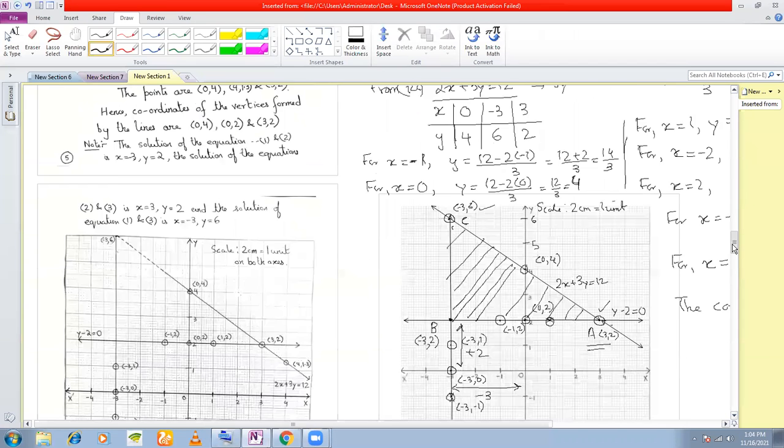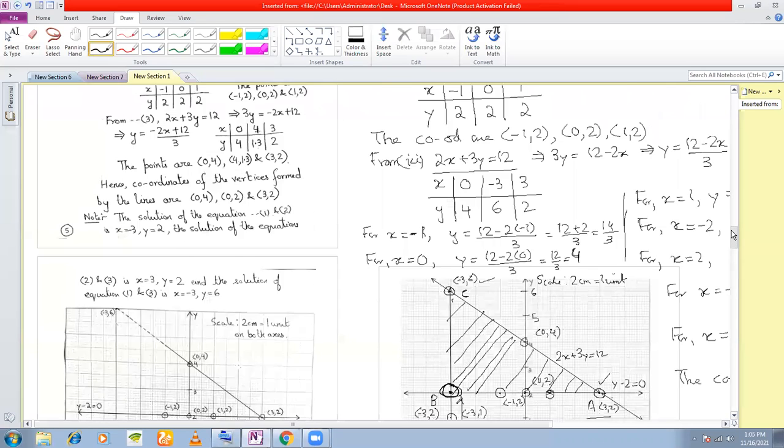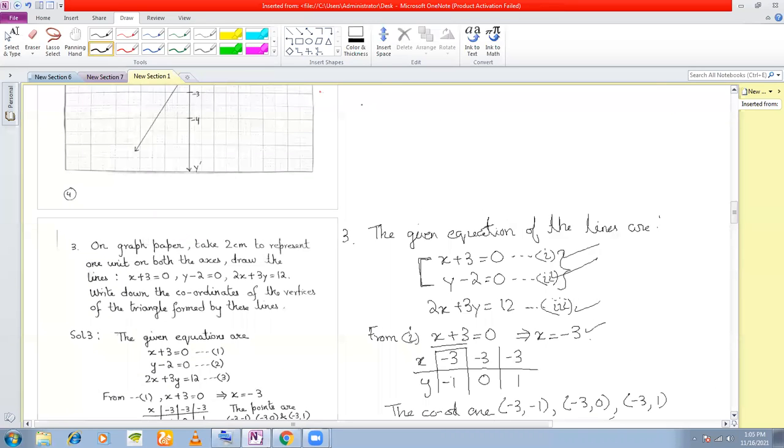Now which are the two lines here? If you see the vertical line that is there, this is the point of intersection of the vertical and the horizontal lines. So what is the solution of these two equations? Let me write above.